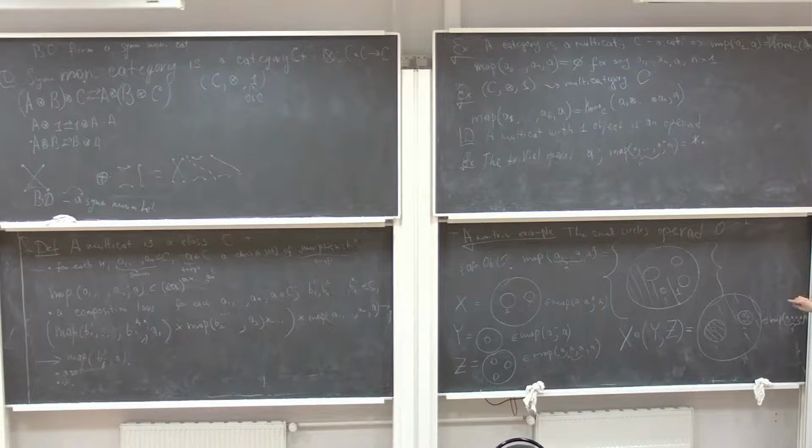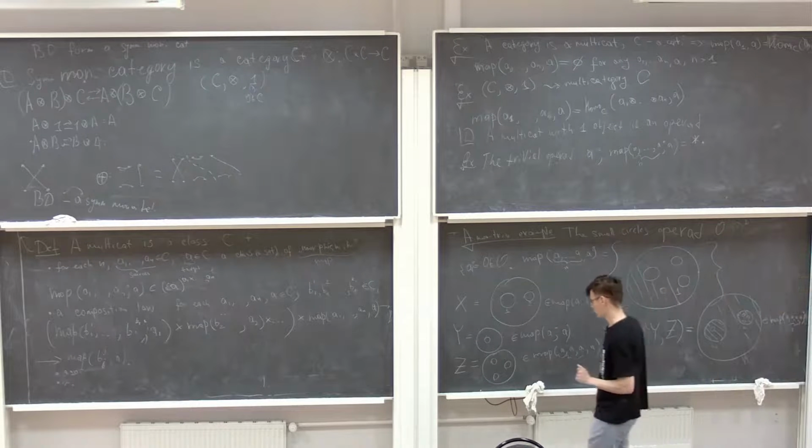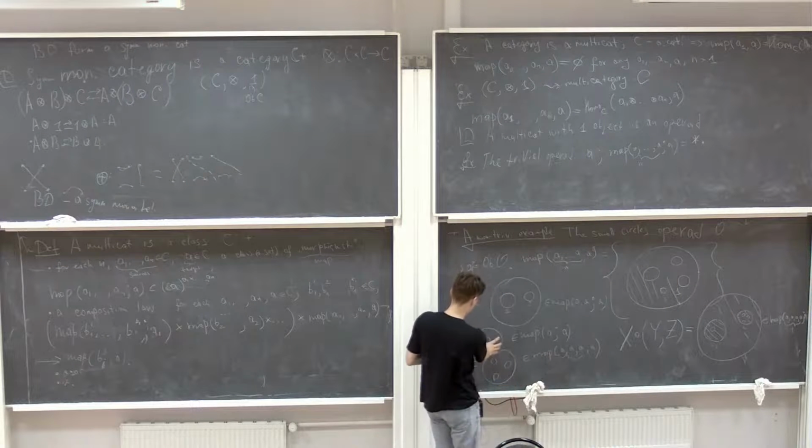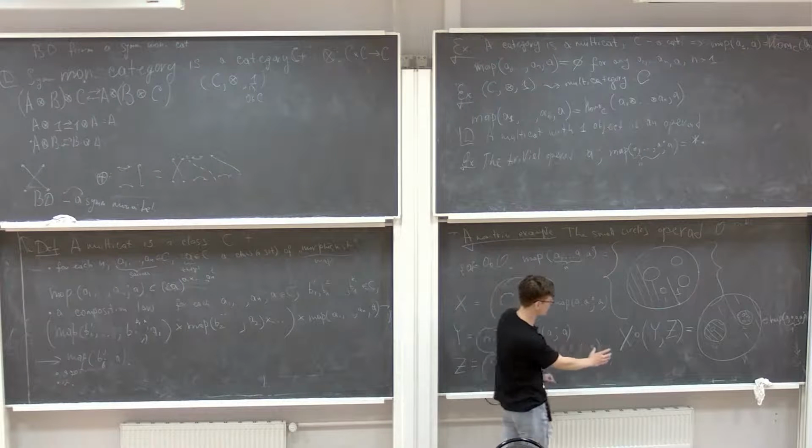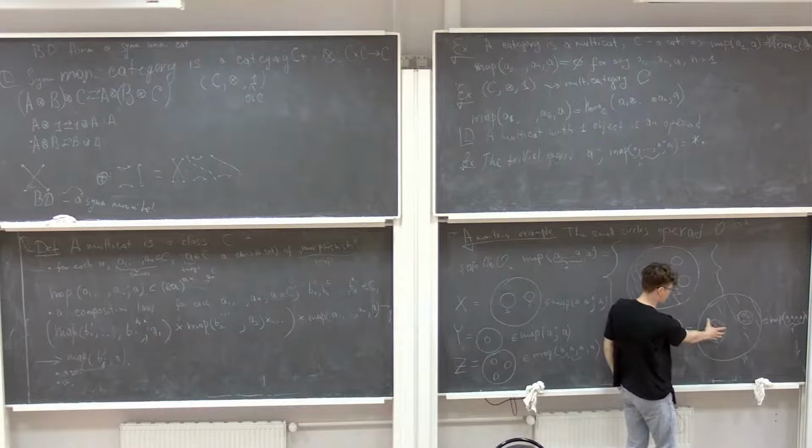And then there is a continual number of such maps for basically each source and target. So we just use homothety to paste this circle inside there.